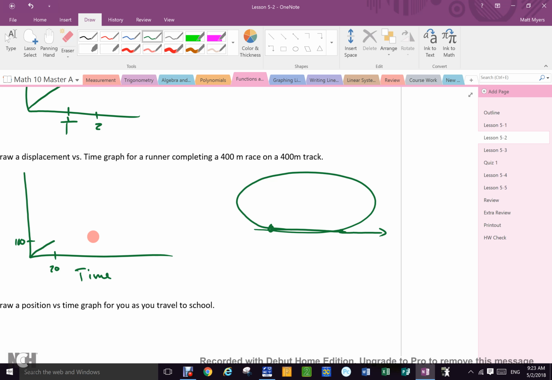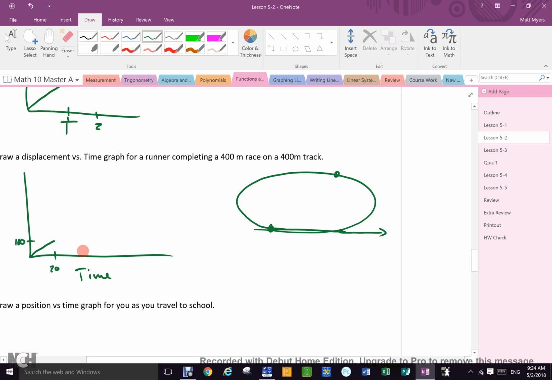Because I'm moving. So, if it's getting steeper, that means I'm getting further away from my start in less time. Am I? I'm getting further away from my start in less time? Because now I'm going this 100 meters, yes? I'm no longer going in a straight line, am I?